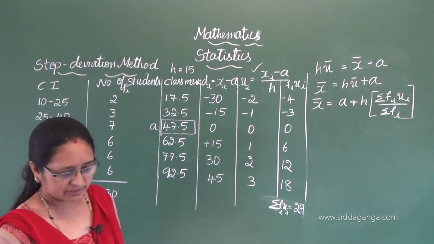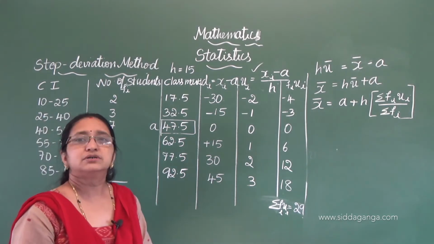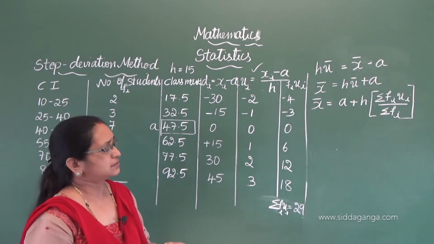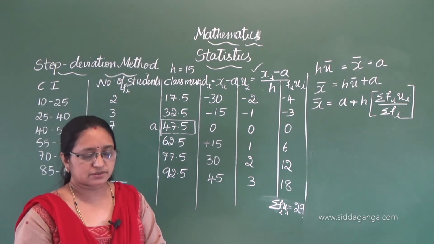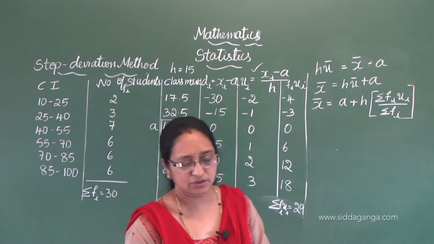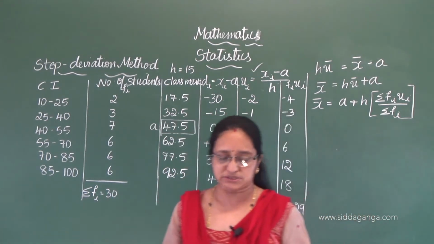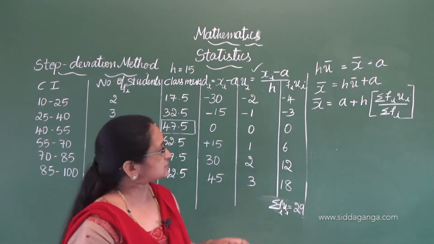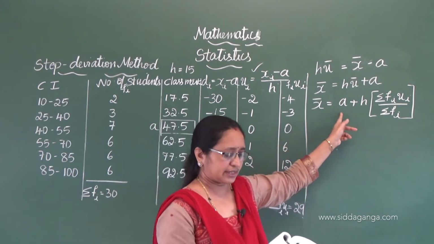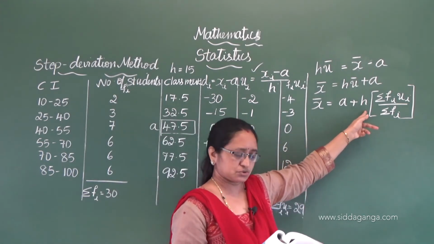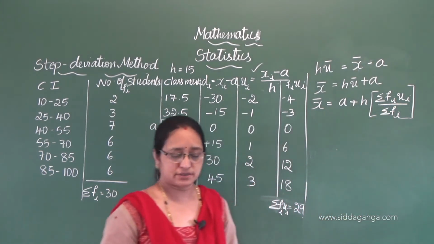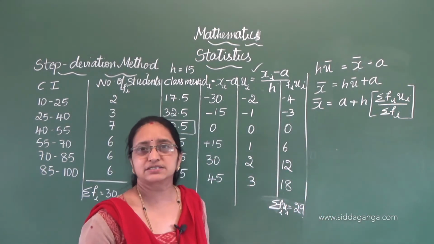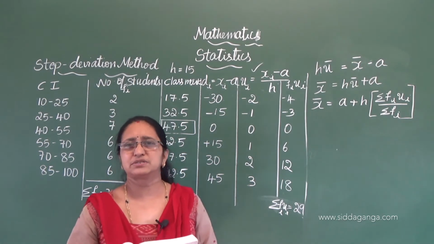This is the formula to find the mean using the step deviation method. The derivation is there in your textbook on page number 266. See there, x bar is equal to a plus h into sigma fi ui divided by sigma fi. Is it clear? I hope it is clear.